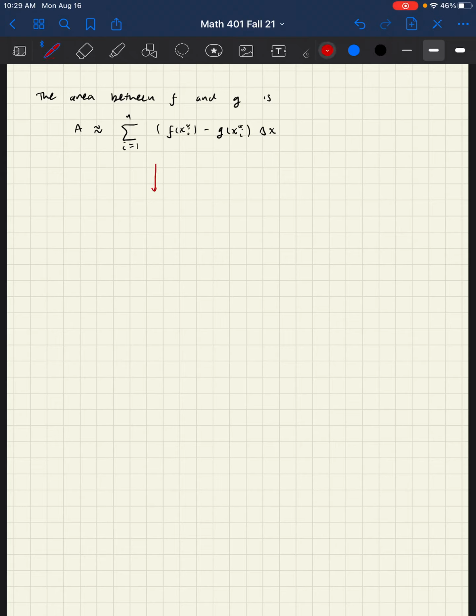And in the limit, so as n goes to infinity, so we subdivide even smaller and smaller and smaller, okay?